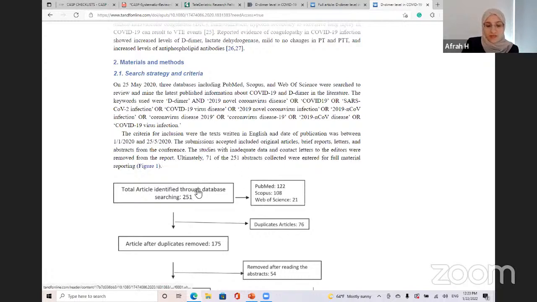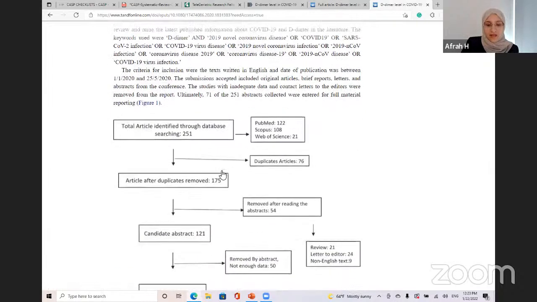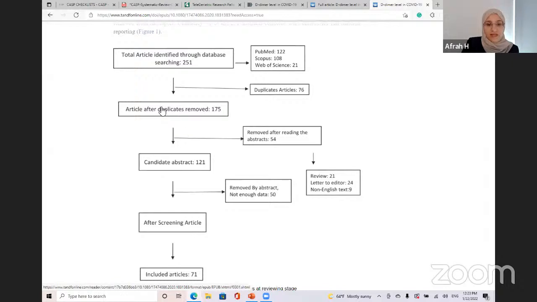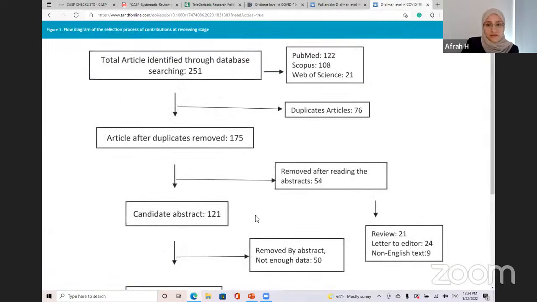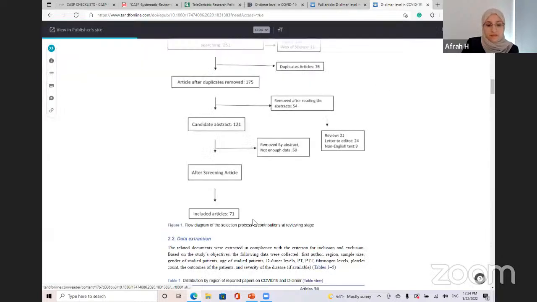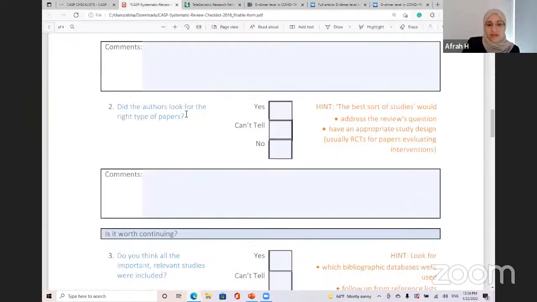At first there were 251 articles, and then they removed the duplicated articles and those without enough data, and the included articles were 71 articles. So we can say the authors looked for the right type of paper. So here the answer is yes.